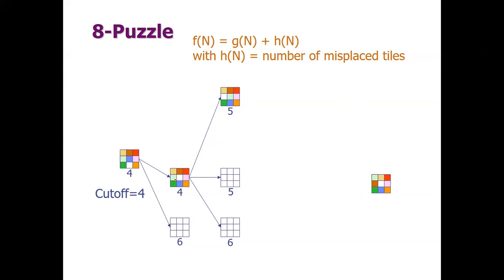The light green is moved here, but still the cost is 5, so we cannot include this. And this is another possibility, from this state to this, where we have moved the green here, but still its cost is 5. So we tried exploring several states, but we were unable to find a state with a cost of less than 4.